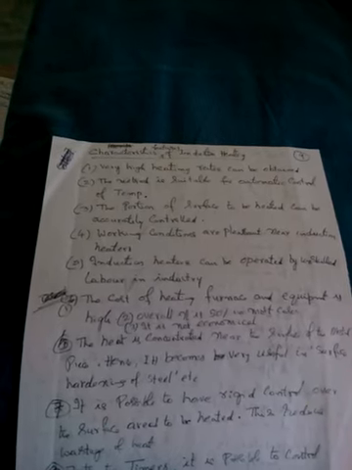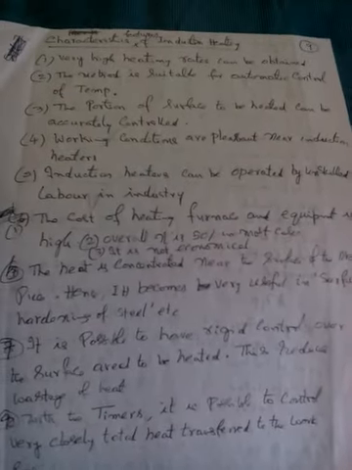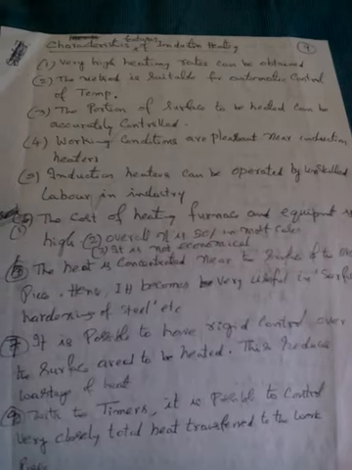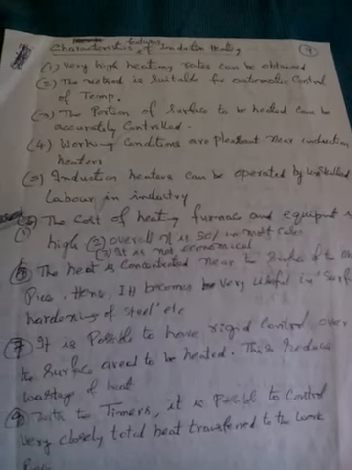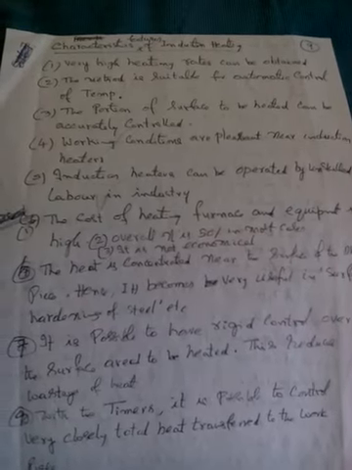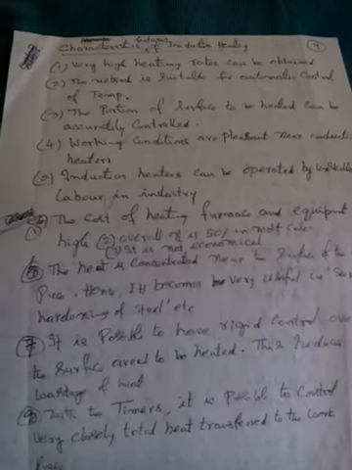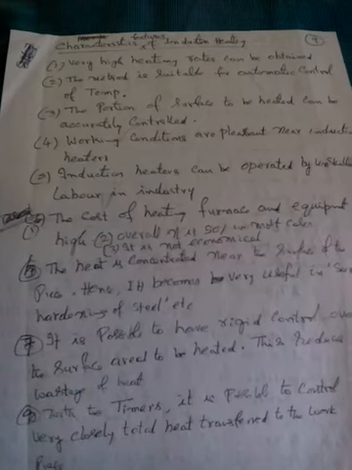Of course, the main advantage is that the heat is concentrated near the surface of the metal piece. Hence, induction heating becomes very useful in surface hardening of steel rods, etc. Number 7, it is possible to have rigid control over the surface areas to be heated. This reduces wastage of heat.